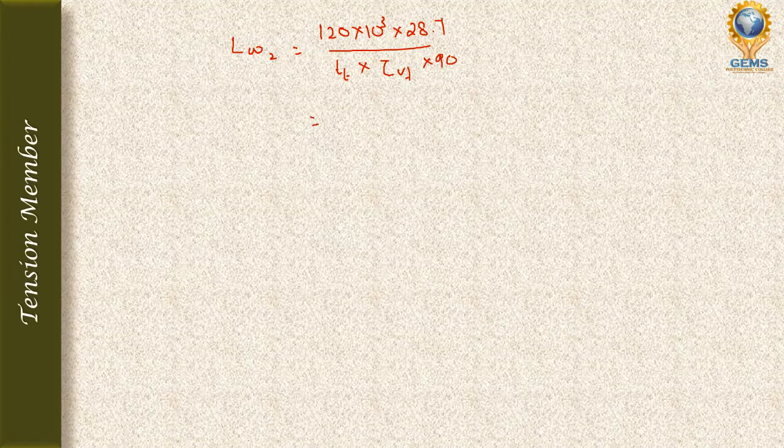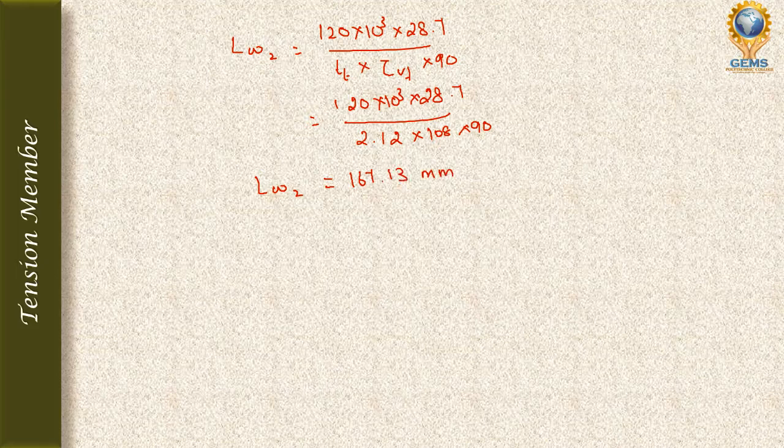If you substitute every value here, the effective throat thickness we found as 2.12, into 108 into 90, LW2 is equal to 167.13 mm, and LW1 is equal to 524.12 minus 167.13, which is 356.99 mm.